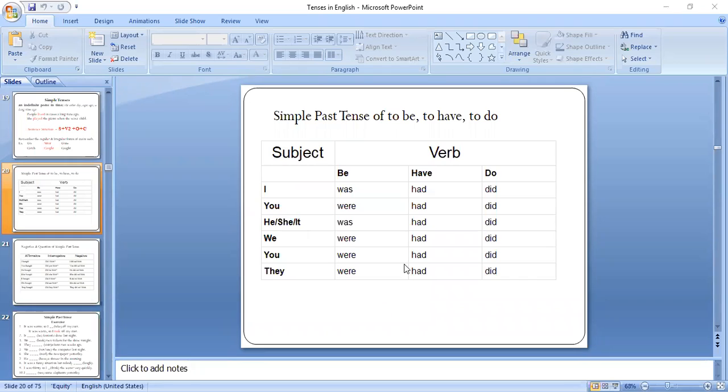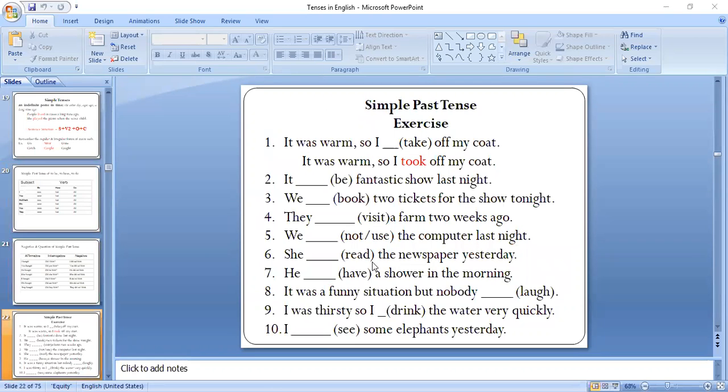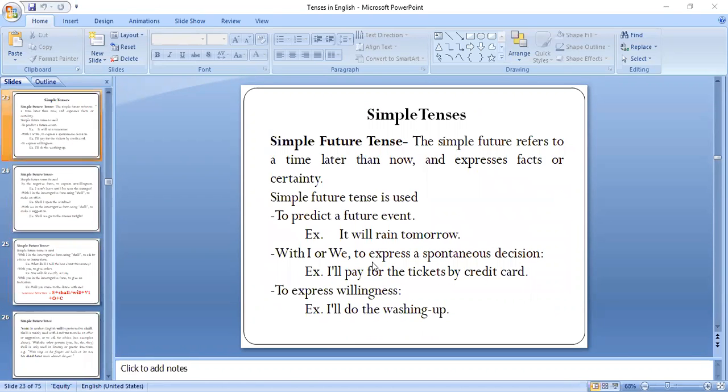So this is the simple past tense. Also, we have discussed the affirmative, interrogative, and negative sentences in the simple past tense. We have carried out one of the exercises, we have completed it. Also, we were discussing the simple future tense.